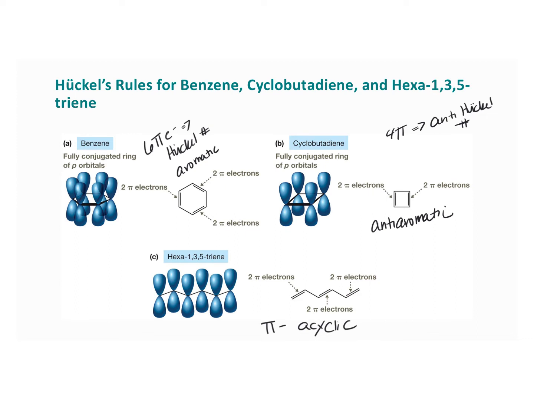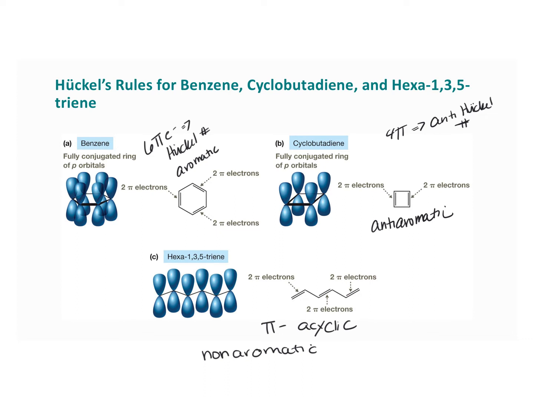So even though the pi system contains 6 pi electrons, because it's acyclic, it's considered non-aromatic.